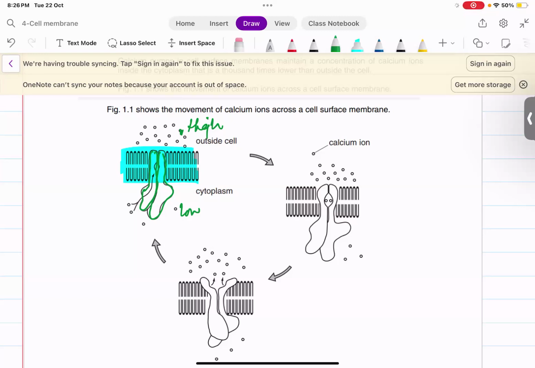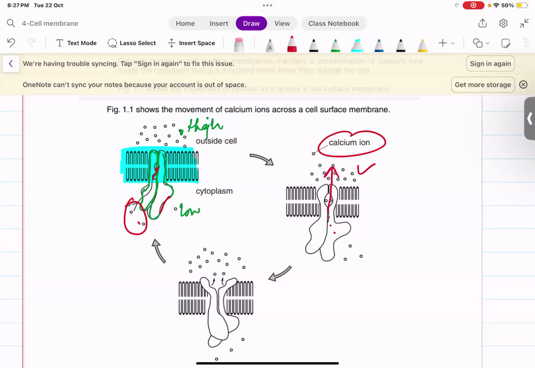These molecules bind with the carrier protein. And maybe this is calcium ion. So calcium ions bind with the specific binding site for calcium on these carrier proteins. And it changes its shape. When the shape changes, the calcium ions are moved out of a cell.